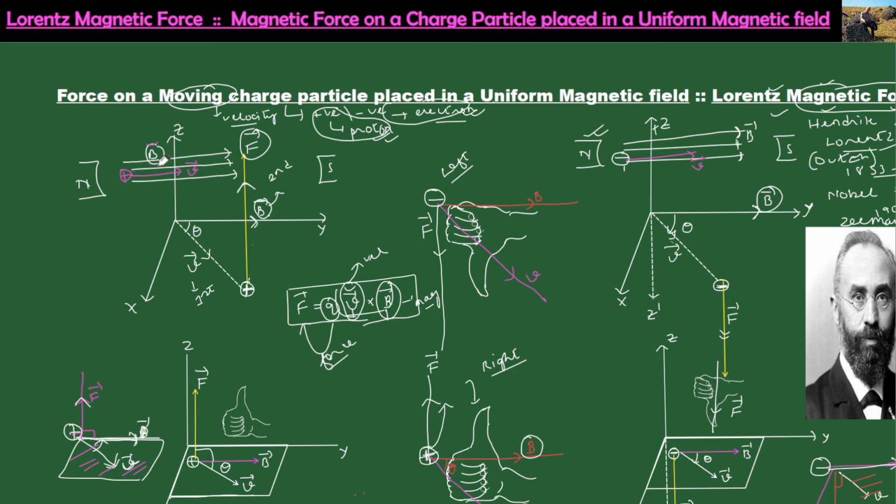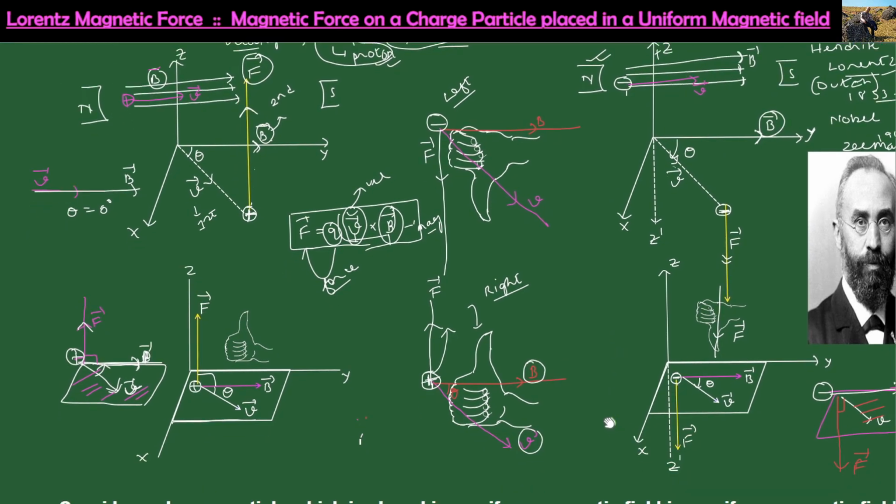In this case, the direction of the velocity vector as well as the direction of the magnetic field vector are the same, which means that theta in this case is 0 degrees, so the force will be equal to 0.